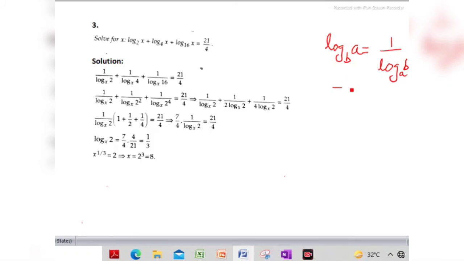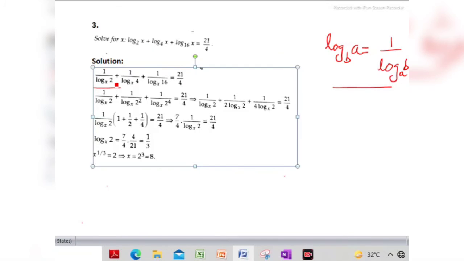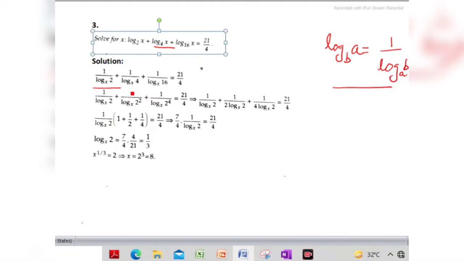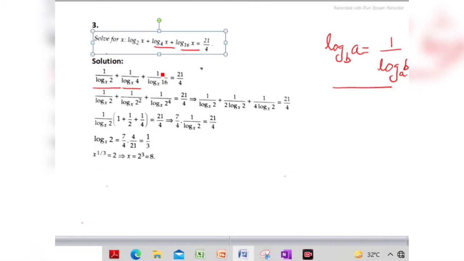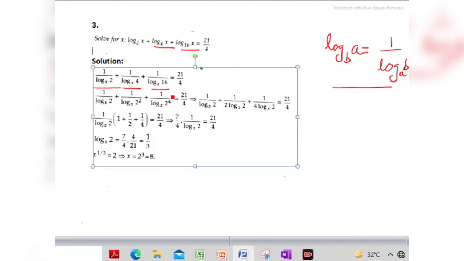We are using this deduction of the base changing formula in this question. That's why here log of x to the base 2 becomes 1 upon log of 2 to the base x. This changes to 1 upon log of 4 to the base x, and the third changes to 1 upon log of 16 to the base x.